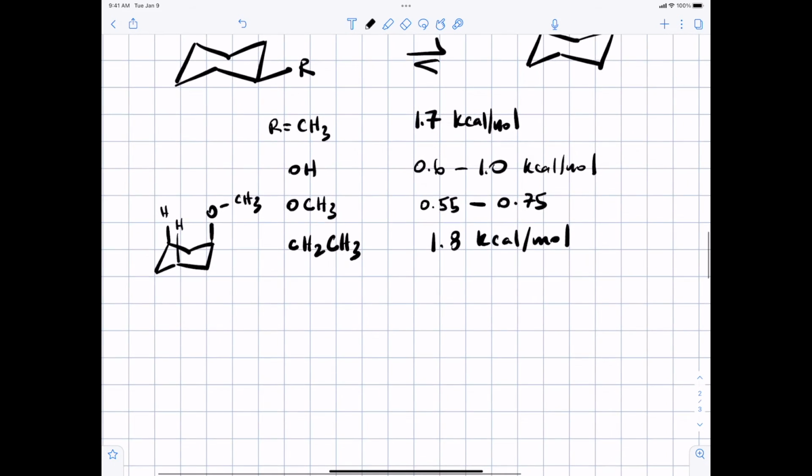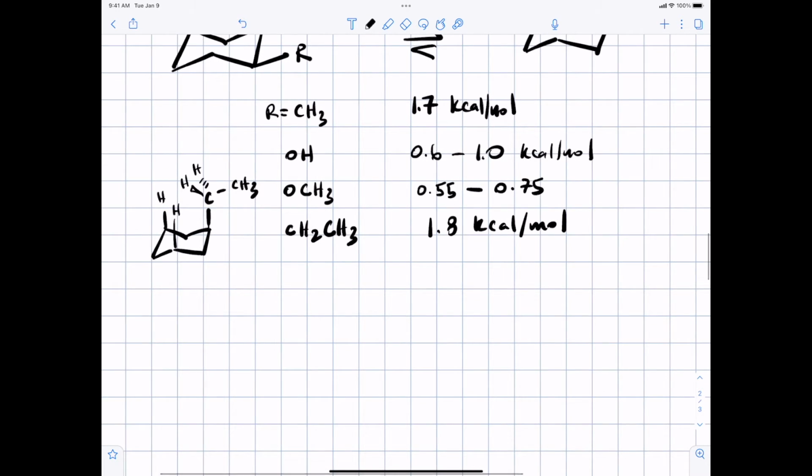And that's again because you can rotate around a carbon-carbon bond such that this methyl group is out of the way and doesn't interact with or impact those axial substituents.